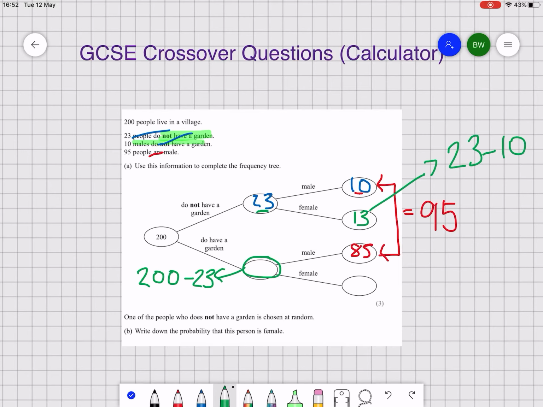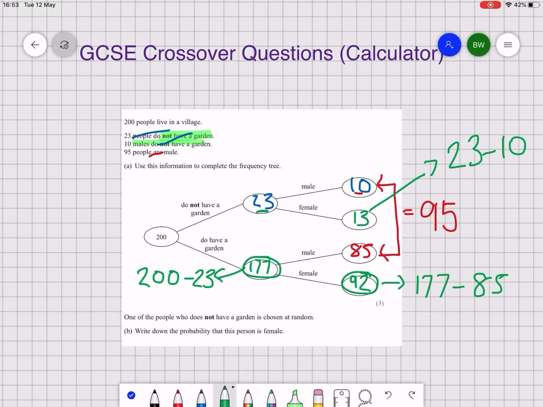And this is a calculator paper, so I can type that into my calculator and get 177. And then to get this one, it's going to be the 177 because that's how many people have a garden, minus the number of males, so 177 minus 85 leaves me with 92.